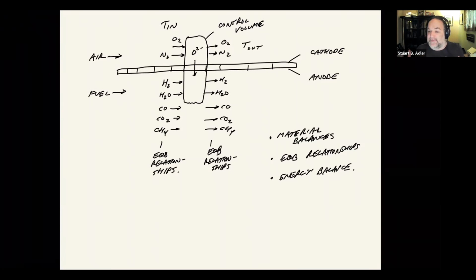And we actually want that because we're going to generate all this thermal energy in the stack. We would like to be able to redistribute that thermal energy uniformly throughout the stack as easily as possible. And that to some degree is accomplished by the metal. If you have metal interconnects, they can help dissipate the heat and transfer that heat to the gases, and then the gases can take that heat out. And so also coupled in this is heat transfer.